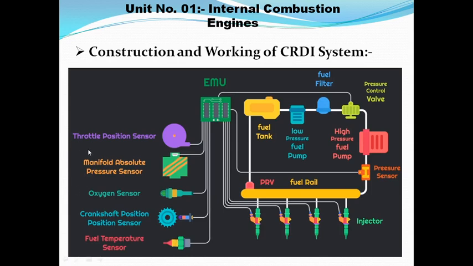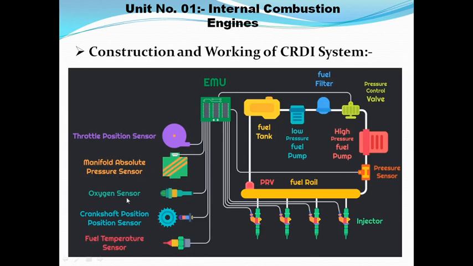In the working of the CRDI system, suppose we accelerate the pedal of the vehicle, then the throttle position opens, and this is sensed by the sensor, which gives a signal to the EMU. Then the pressure inside the manifold varies, and this is sensed by the manifold absolute pressure sensor, which gives signals to the EMU.